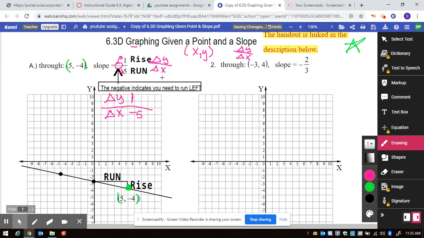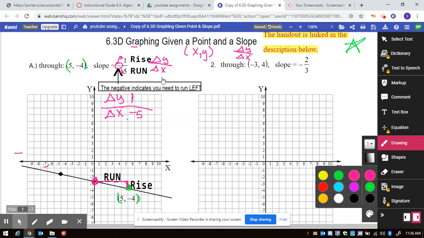So from this coordinate point, the change in y will go up +1 unit, and then it will go negative in the x direction 5 units. You can tell the negative side because the negative numbers are listed with the x-axis. So this is -1, 2, 3, 4, 5, and that gives you your next coordinate point.